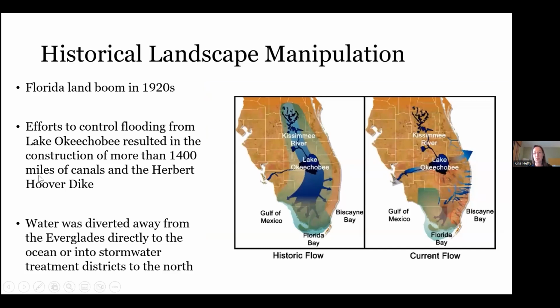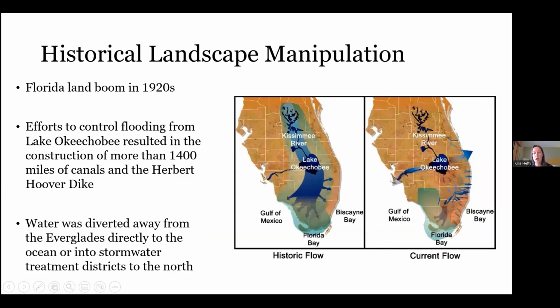So this is just an image of the watershed in Florida. Historically, in this image on the left, we have the Kissimmee River, Lake Okeechobee, and all of the rainwater that would fall through Florida would flow south through Florida, through Lake Okeechobee, and then through the Everglades here at the tip of Florida.